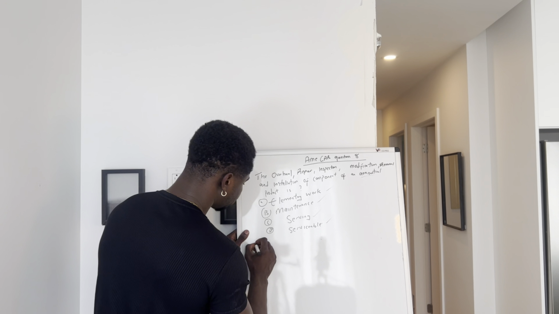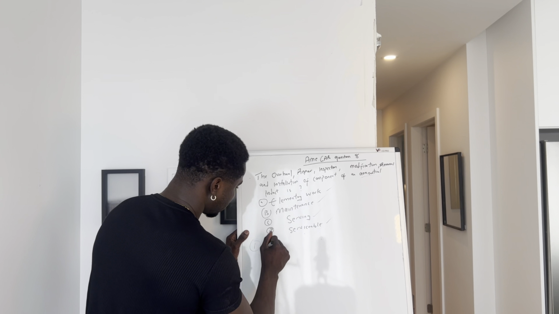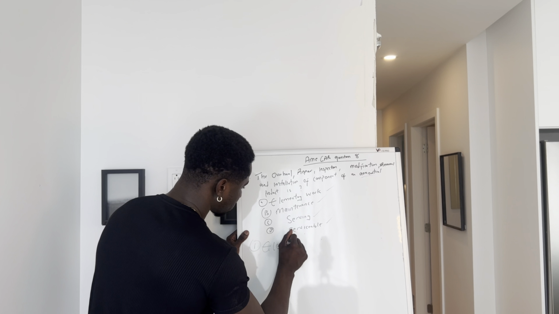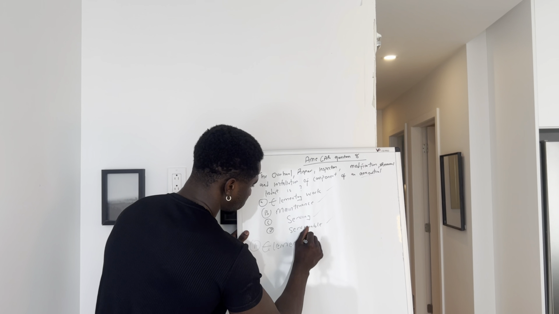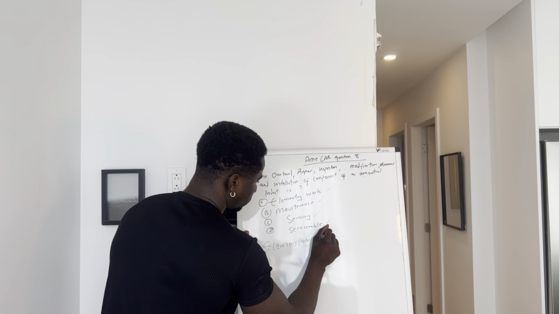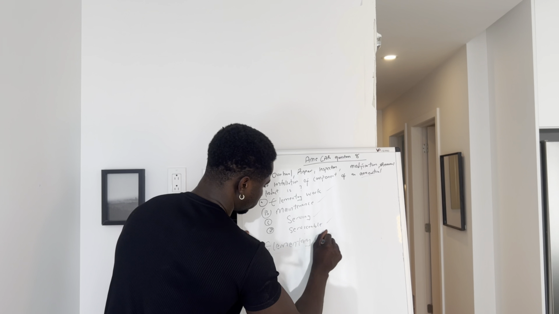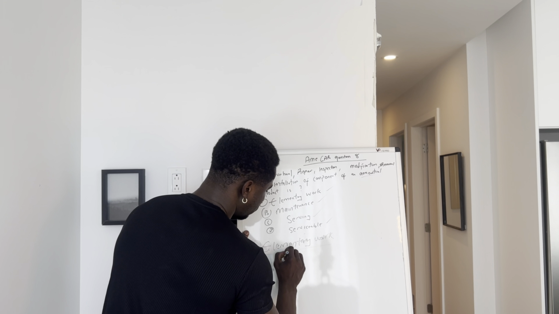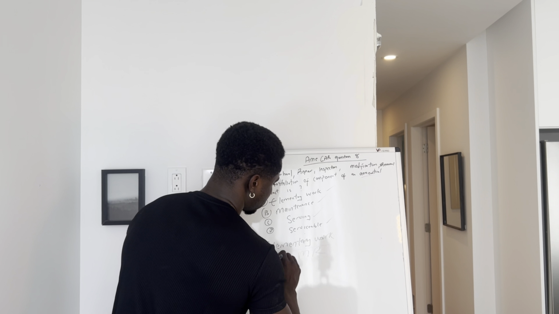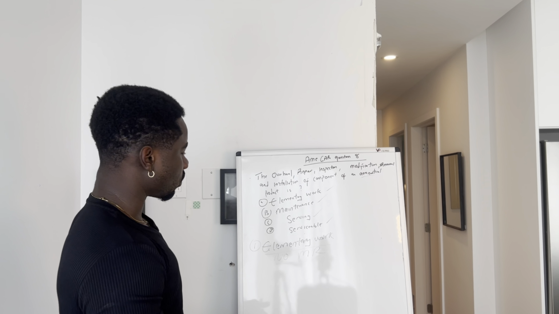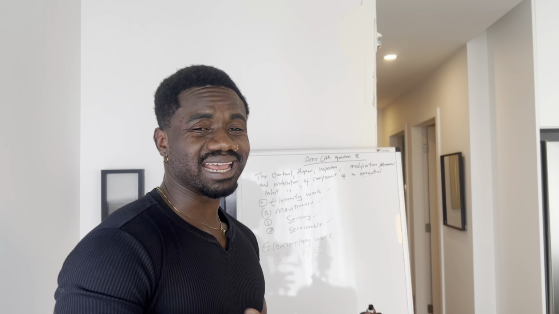So first, elementary work, no MR. Basically the terminology MR means maintenance release. So elementary work does not require a maintenance release, and to perform elementary work, you do not require an AME license.